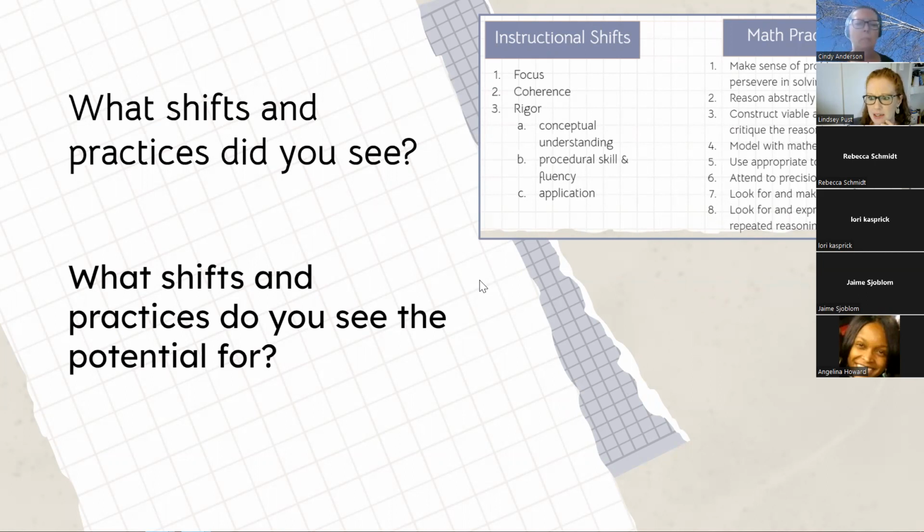Any other practices from the list or shifts you see that could pop up in an activity like that? And there are many right answers, just seeing what you notice.